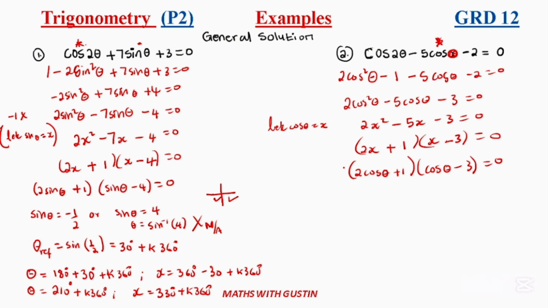So what you can do in this case is say cos theta is negative half, or cos theta equals 3, after taking 3 to the other side.